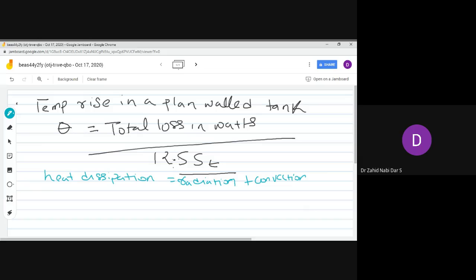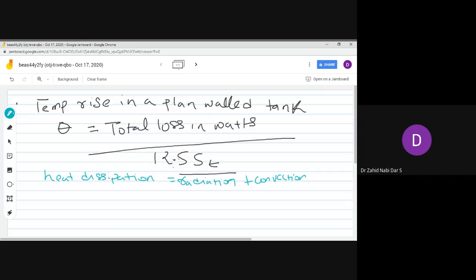So we are interested to know how we go about the calculation part of it. The total heat dissipation in the tank is due to the surface area, and in the surface area of the tank there is both convection and radiation.